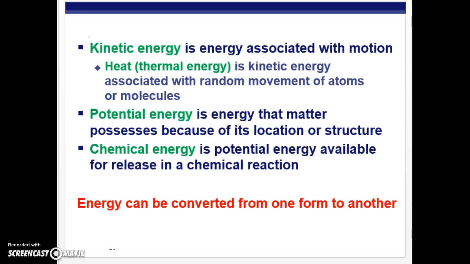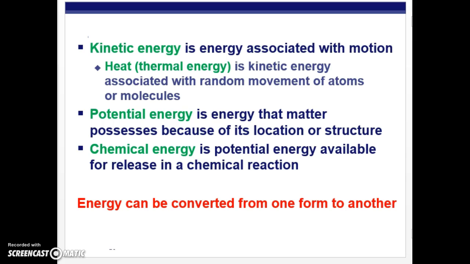So energy, we're talking a lot about energy. Energy is the potential to do some sort of change. It's the ability to do work. And there are different forms of energy that can do work.